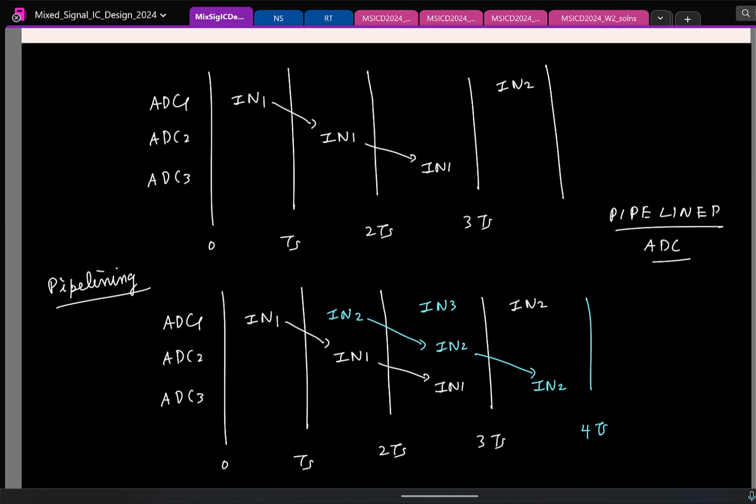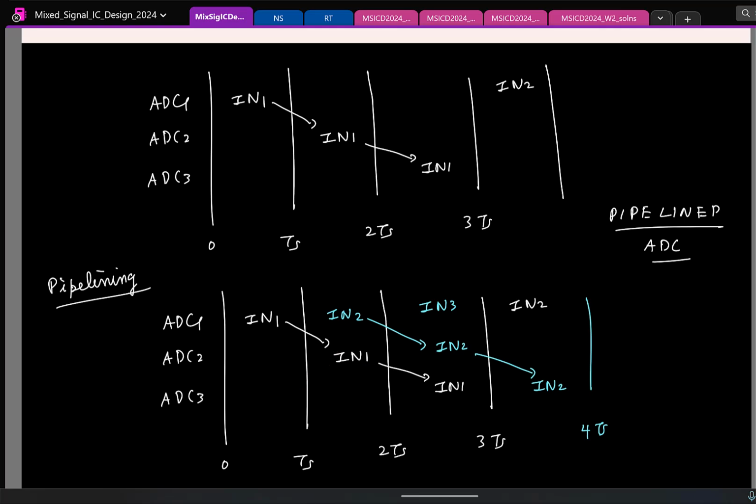But only one catch when you do that. Let us say at this point you see that the first ADC is processing the third input, the second ADC the second input, and so on. If you want to reconstruct V1 plus V2 by G1 plus V3 by G1 G2, this should be delayed and taken, because the first ADC had processed the first input 2 clock cycles before, and the second ADC had processed the first input 1 clock cycle before.